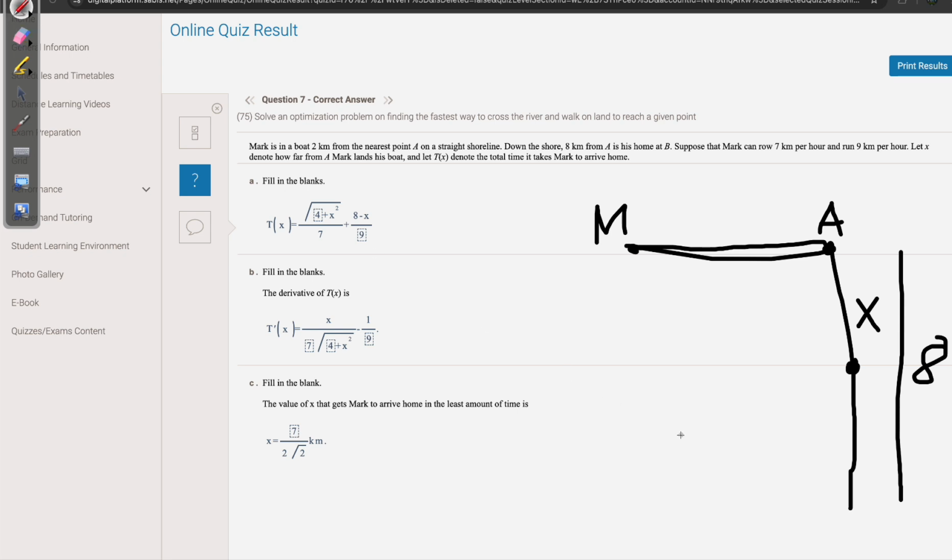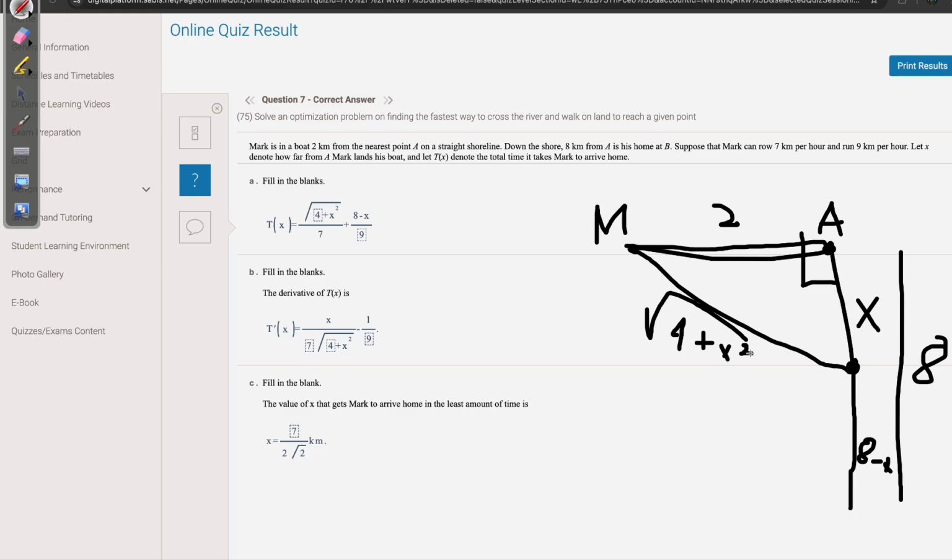Okay, so what will this be? 8 minus X. And they said from where Mark is to the shoreline is 2. Now we need to find this distance. We'll just do the Pythagorean theorem, because as we said, this is a right angle, which means that we can do Pythagorean theorem, which will give us radical 4 plus x squared.